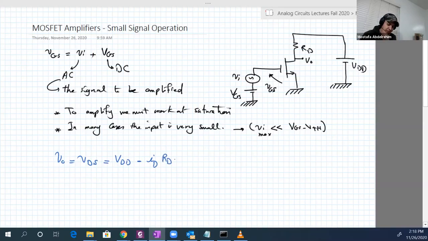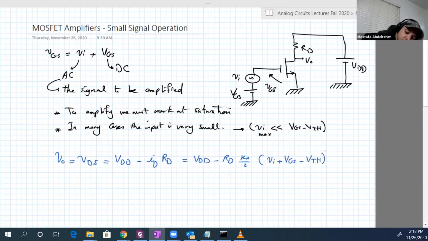And remember we are in saturation, so ID is Kn over 2 times V input plus VGS minus V threshold, squared.